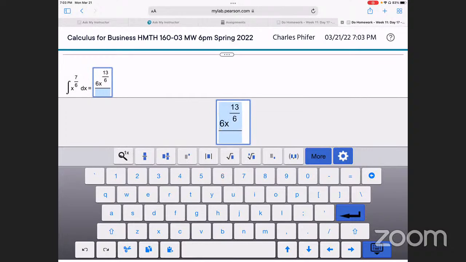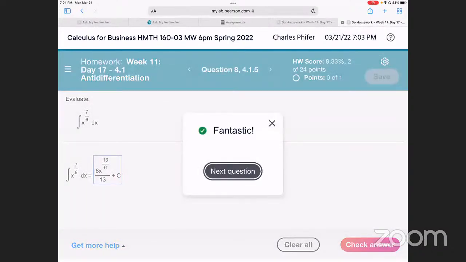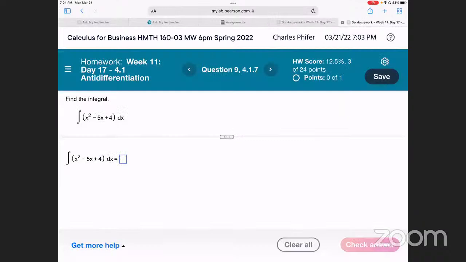So it's going to be 6/13 x to the 13/6, plus c. And if we need to talk about any of these or go back, just stop it.